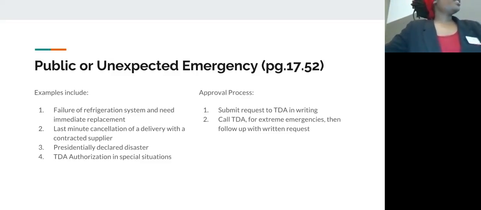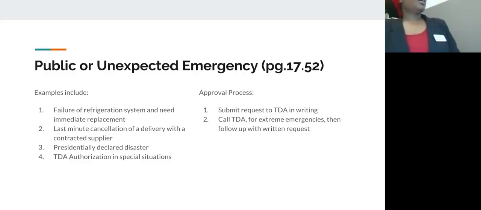Failure of a refrigeration system and you need an immediate replacement, last minute cancellation of a delivery, a presidentially declared disaster, or anything that TDA may have sent out an announcement authorizing in certain situations, like with Hurricane Harvey recently. They've sent out a lot of announcements on procurement processes concerning that, not just for the folks down south, but even us up here who are still affected because of delivery schedules and things of that nature.